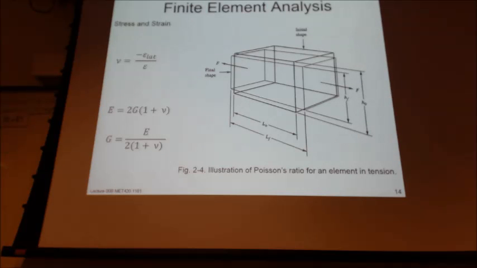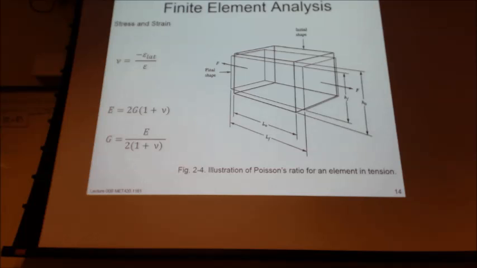So when we have uniaxial strain and we're within Hooke's law, then we have some lateral strain that is part of Poisson's ratio, and they're defined here.